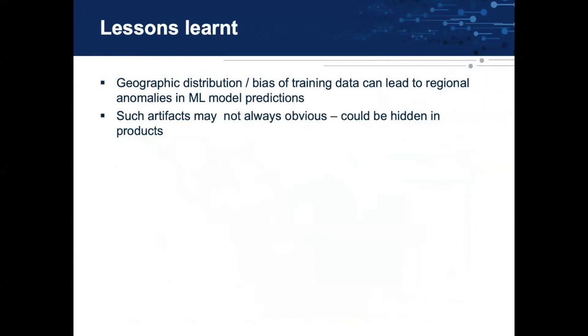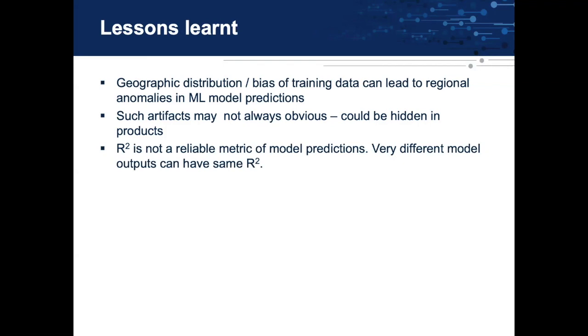The geographic distribution of your training data can cause a lot of bias and lead to regional anomalies. Now, these artifacts may not be as obvious as you see here, and I believe there are other products out there that have these artifacts hidden in them.